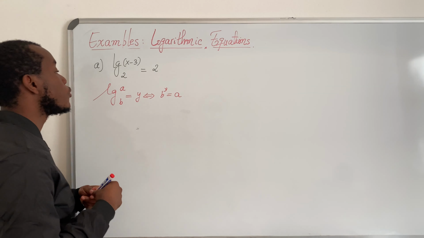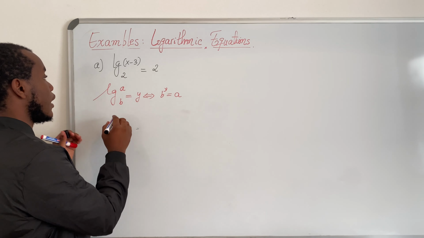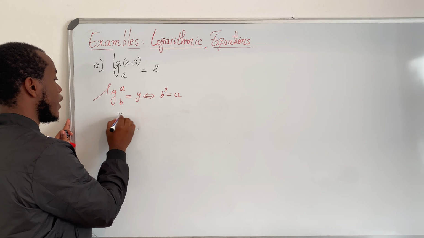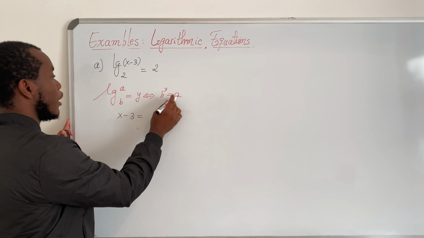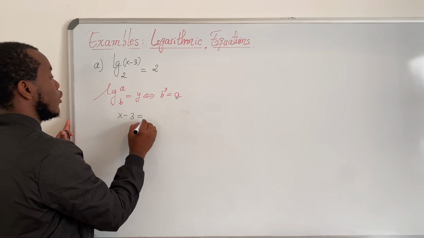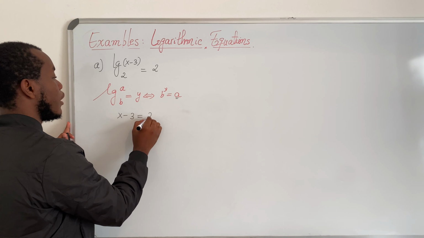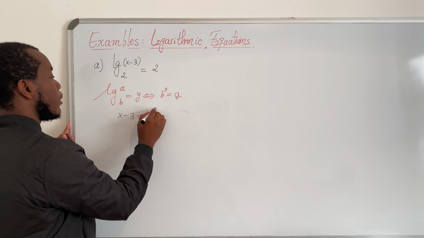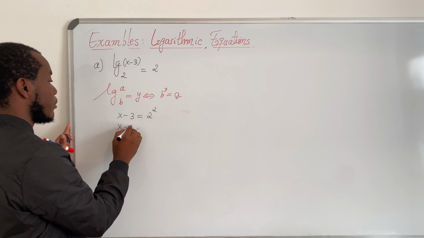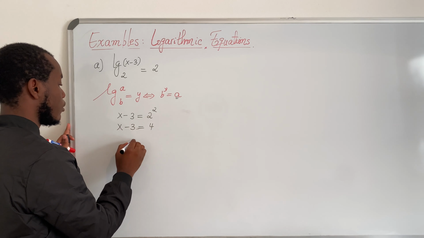Applying this rule here, x minus 3, which is the argument, is going to be equal to the base b to the power 2. So x minus 3 is going to be equal to 4.